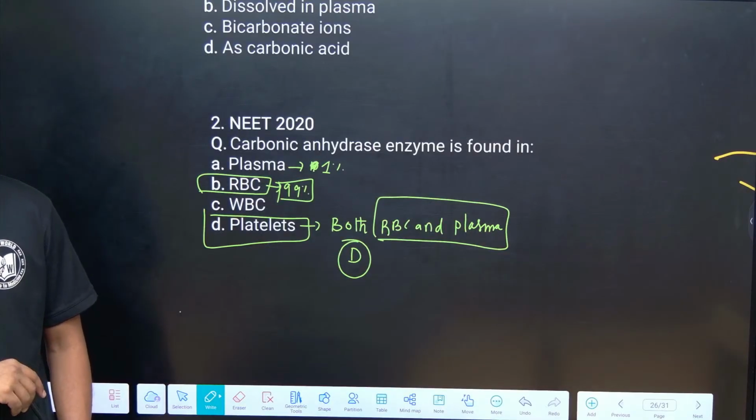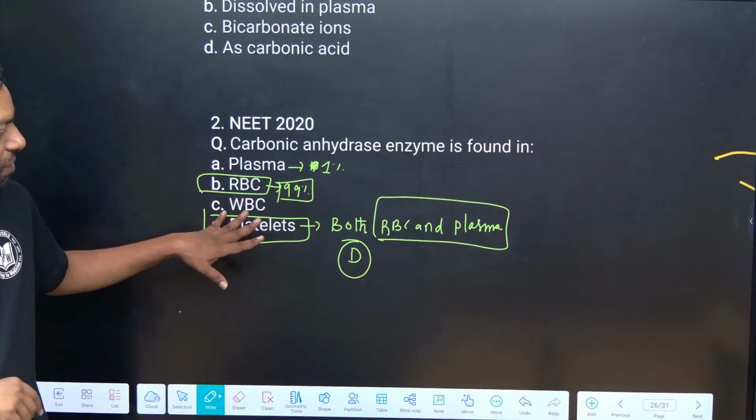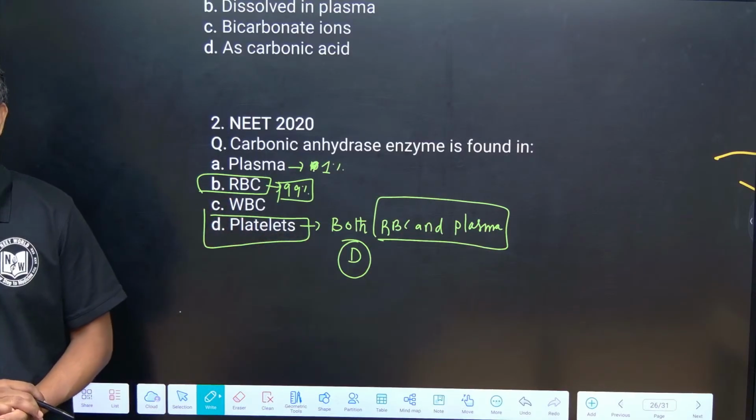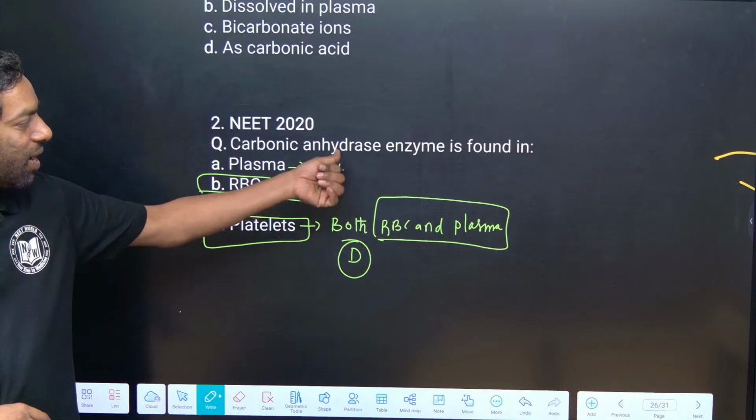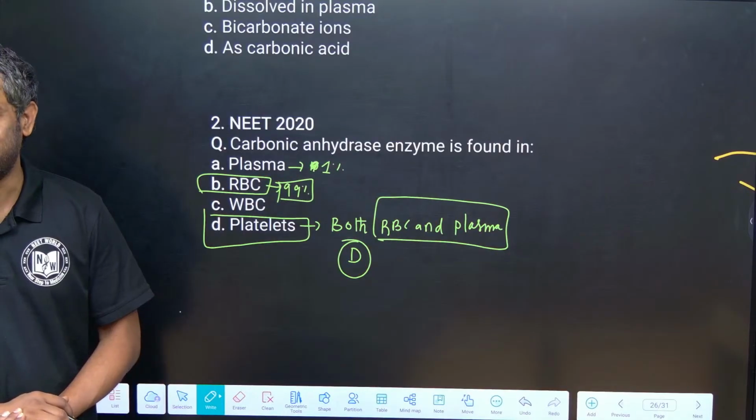D is the right option. If there is any fourth option like both RBC and plasma, this is right. A certain amount of this enzyme is there in the plasma also.